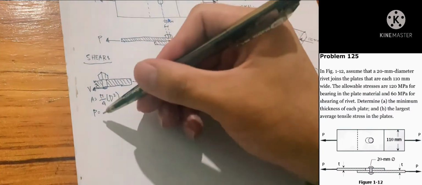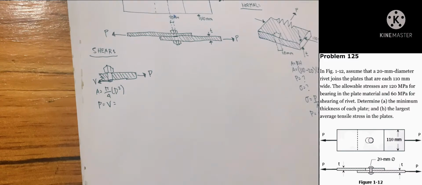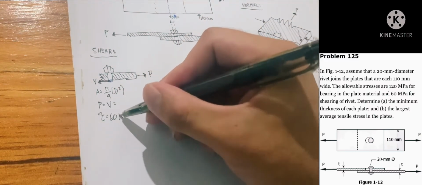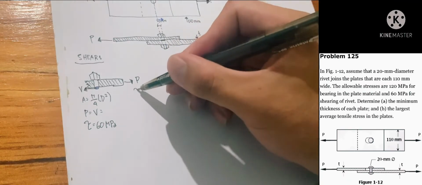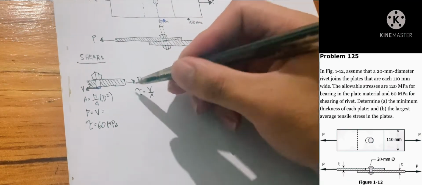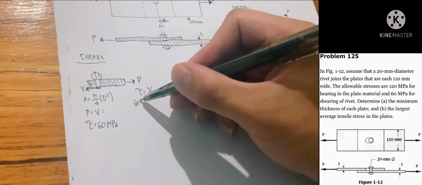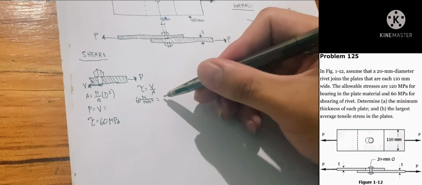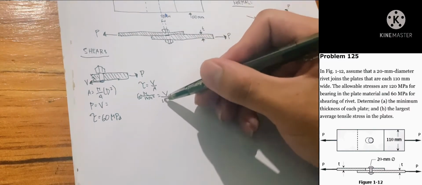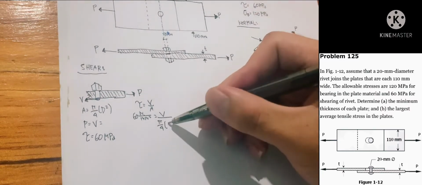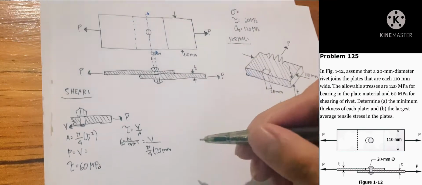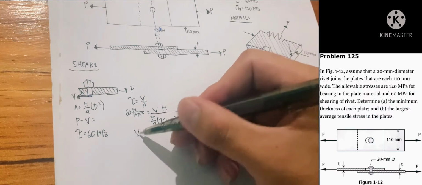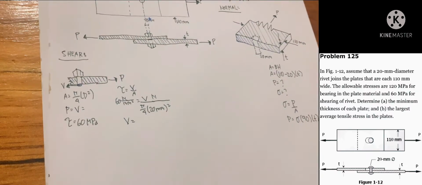So for our P, it is of course equal to V, because we are on our single shear. So tau is equal to, it seems that we need to calculate for our V. We can calculate for our V, right? Because we have been given our shear stress itself, or the shear strength. So 20 mm squared. V should be in newtons.